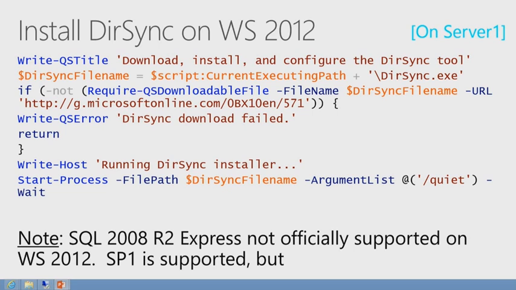I've been talking to the program manager, and they're well aware this is something they want to do. They've got some other priorities that are a little more pressing, but eventually I know they're going to get around to supporting SQL 2008 R2 Express SP1, or possibly a newer one that's supported on Windows Server 2012, with the DirSync tool.